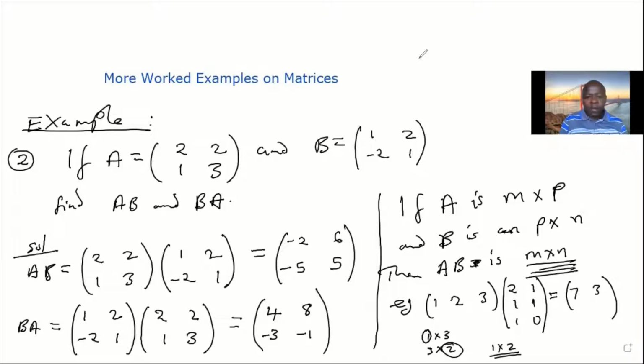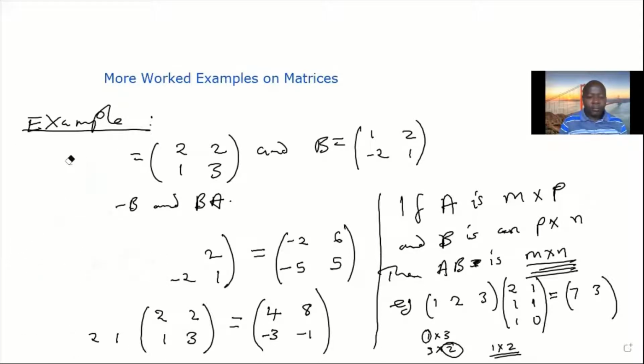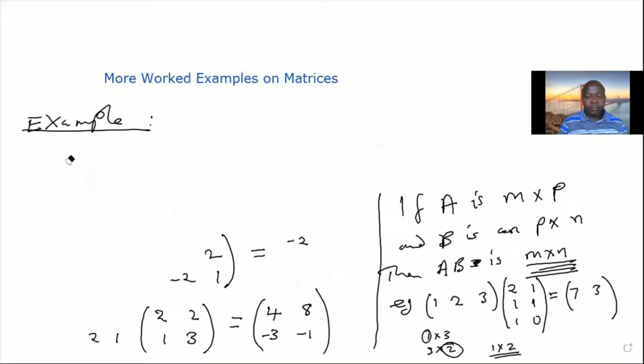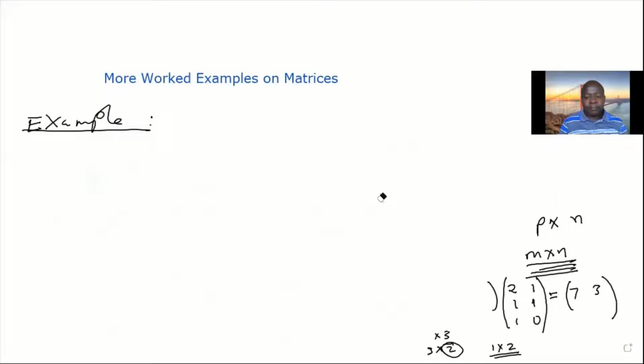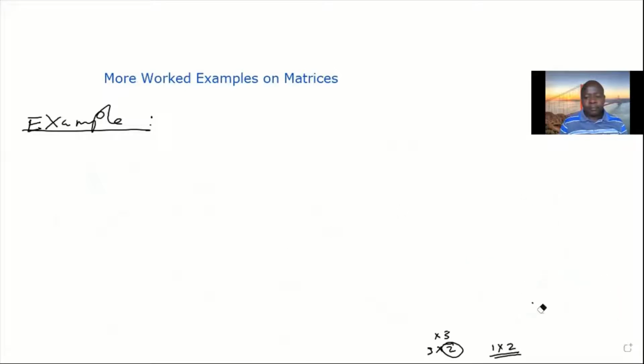Now let's look at another example. That will be our example 3. I want us to look at a very easy example here.